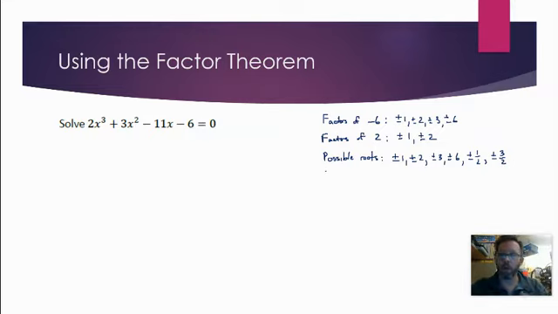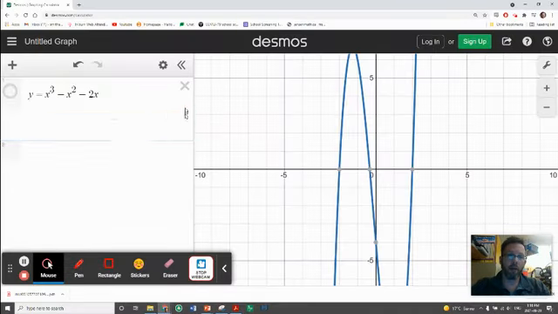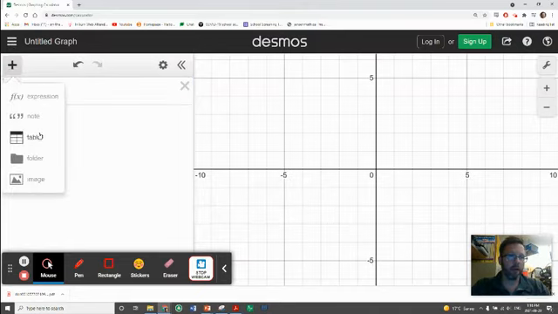And so the things that you would need to try plugging in are 1, -1, 2, -2, until you find something that works. So I'm going to bring up Desmos and just give a reminder on how you can do that. I'll clear off my work here, and we're going to add a table.